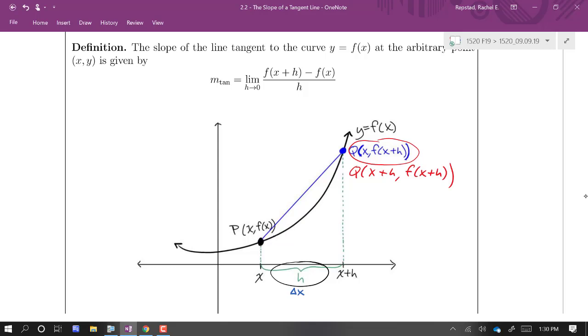But the way we obtain that other point is we say let's just move up a little bit by amount I'm calling h, and so in order to let this point get close to P, I just need to let h get close to 0. Let that amount that I move up get closer and closer to 0. And then that secant slope will get closer and closer to the tangent slope.